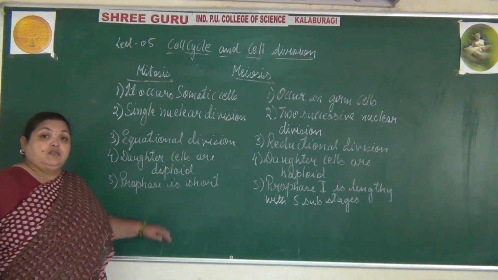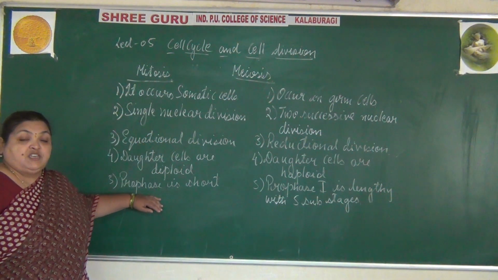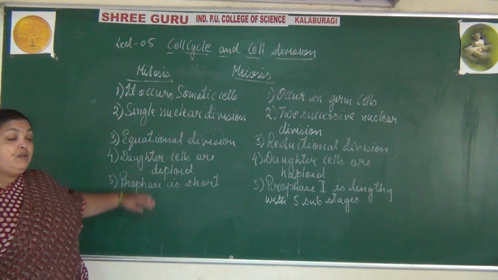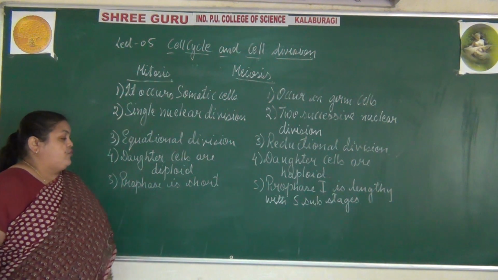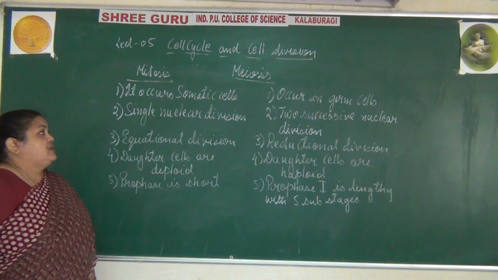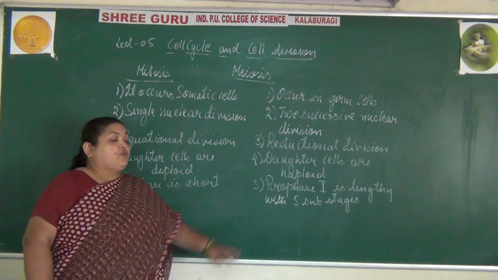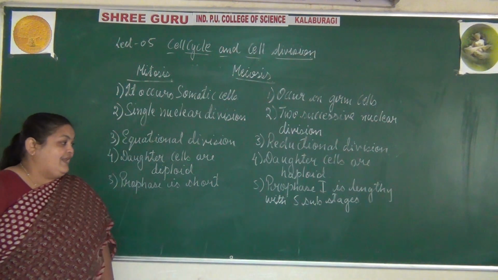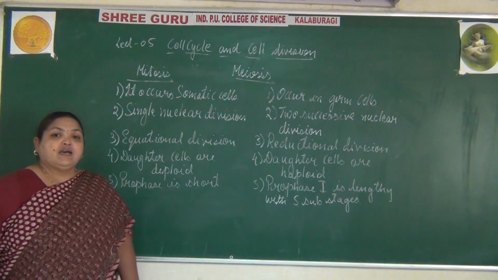We have learnt there is a stage called prophase. In mitosis, that process of prophase is very short, while in meiosis, the prophase I is lengthy with the 5 sub-stages.